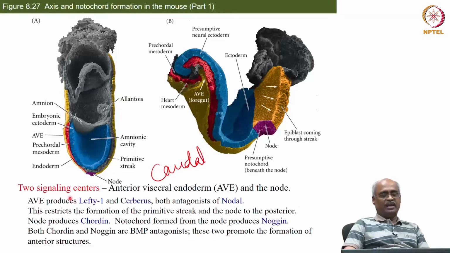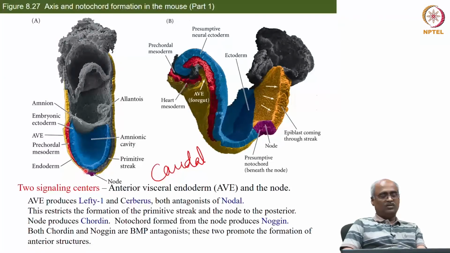For example, this AVE produces Lefty and Cerberus proteins, and these antagonize Nodal expressed in the epiblast cells, and therefore Nodal is not going to be expressed in this area, and that seems to be key for positioning the node and primitive streak in this part and not here. And so that is one key aspect, that is production of Lefty and Cerberus by AVE, and that suppresses the Nodal to the posterior part.